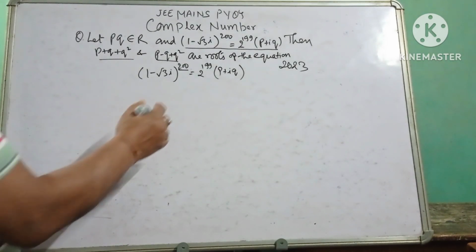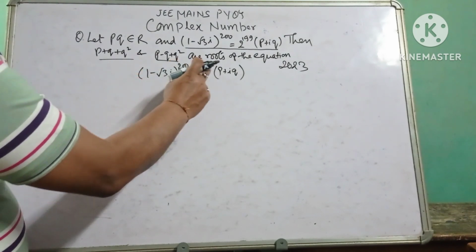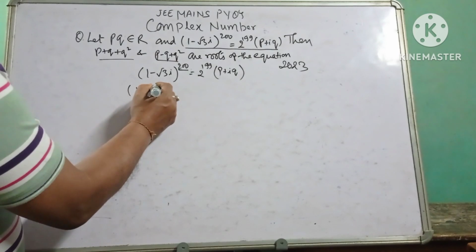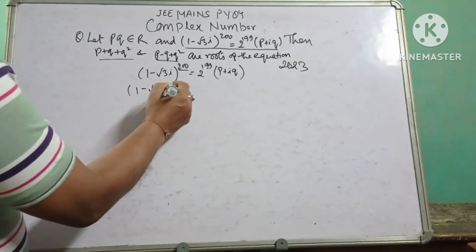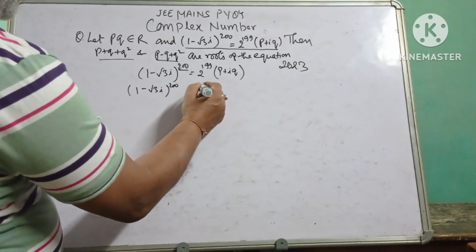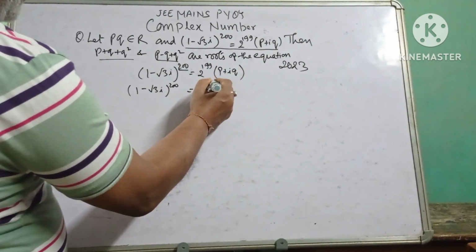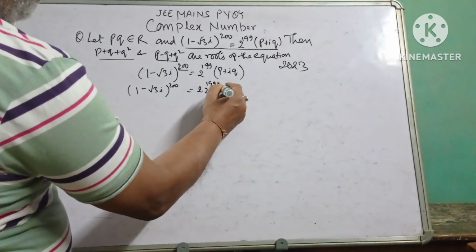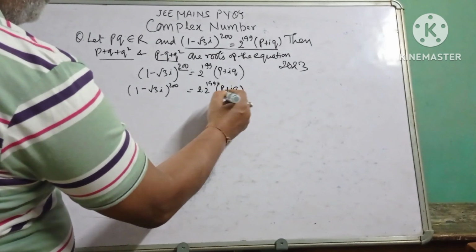First of all, I'm going to make the same power. So first of all, (1 minus root 3i) to the power 200. Here I'm going to multiply by 2 to the power 199 and divide it by (p plus iota q) by 2.